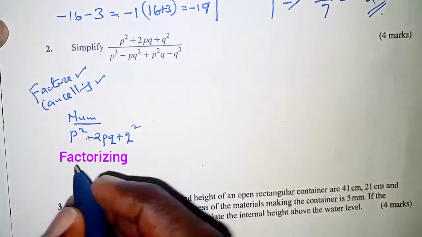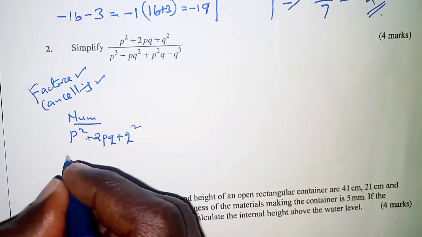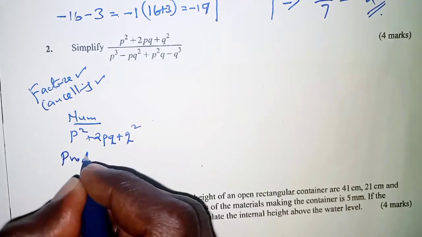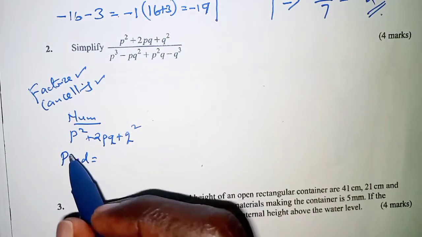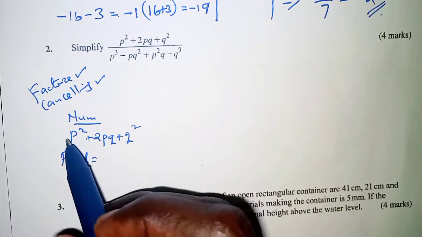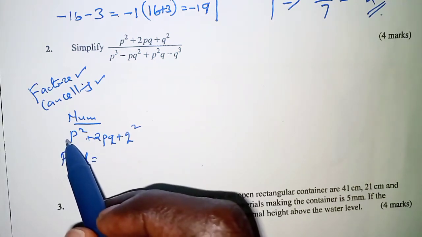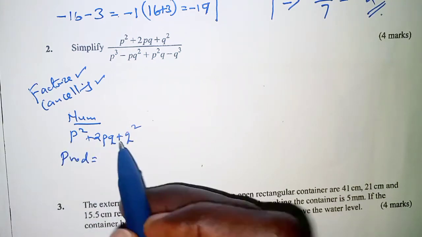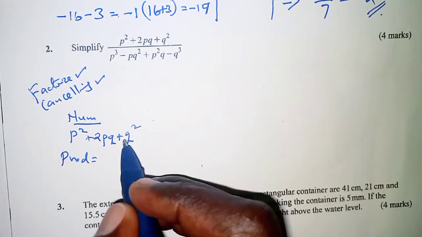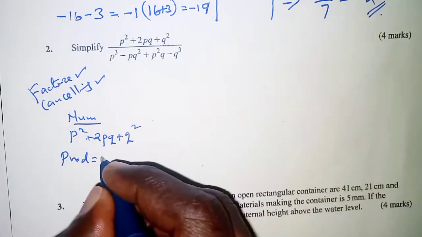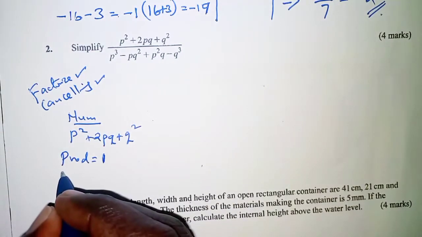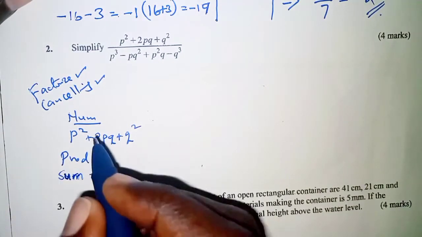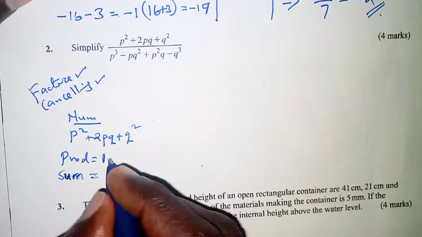So at this particular point, we're going to identify two factors so that their product will be the same as the product of the coefficient of p squared and the coefficient of q squared. So we have 1 times 1, which is 1, and their sum should be equal to the coefficient of pq here, which is 2.